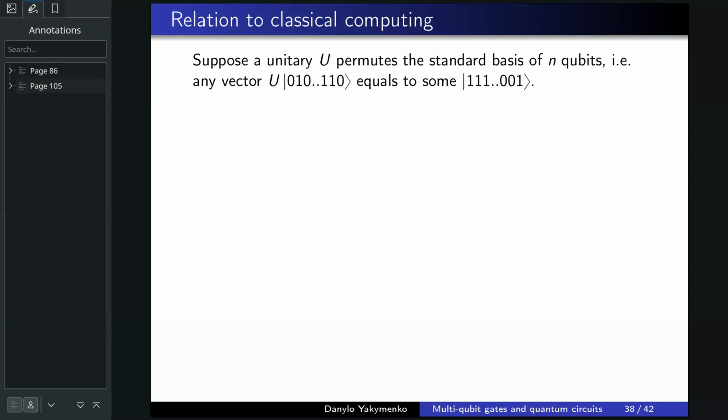No, classical quantities can be encoded by some quantum states, but we can't inject them directly. So everything classical must be somehow encoded as a quantum state. So this is something special here.